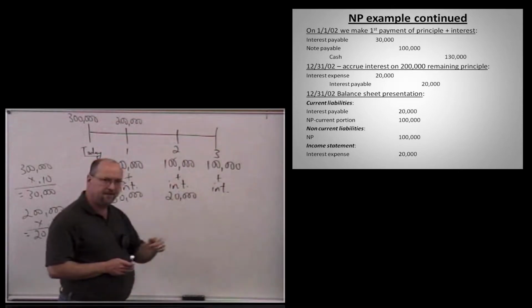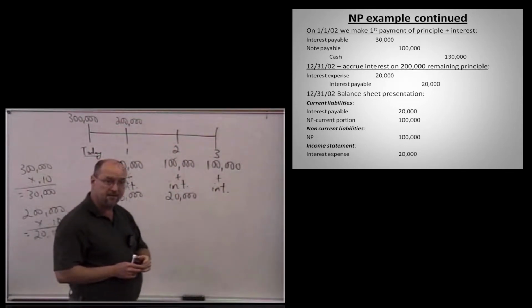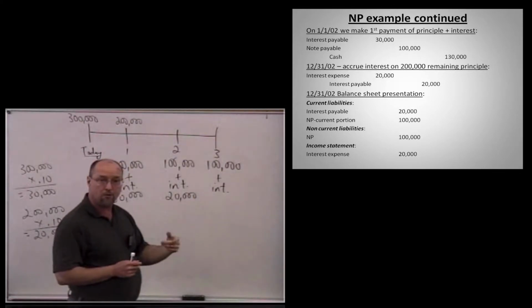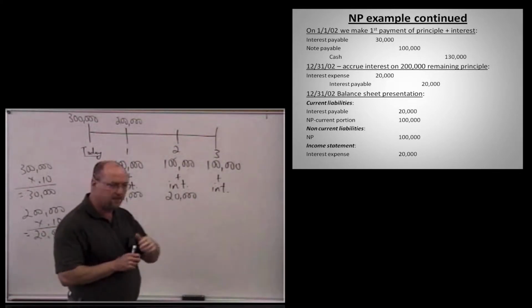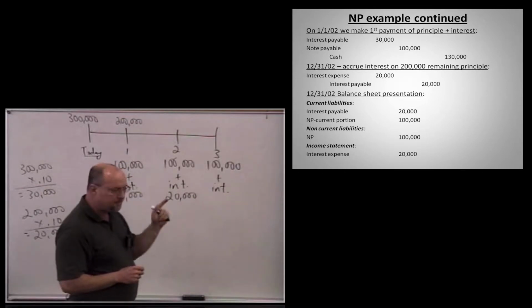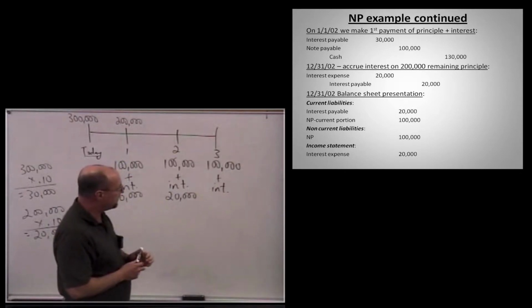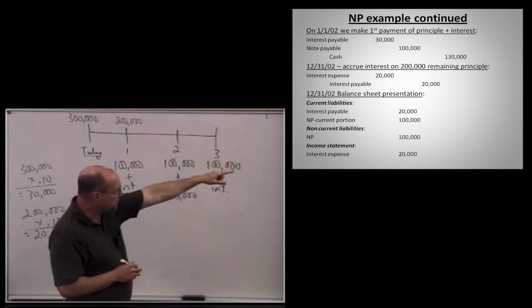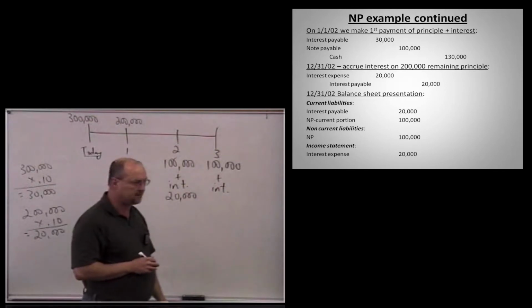Remember, I have to prepare financial statements on December 31st, end of the year, and then one day later, January 1st of '03, we're going to actually make that second payment. So on my December 31st '02 financial statements, after I've accrued interest, here's my adjusting entry at year end, debit interest expense, credit interest payable for $20,000.